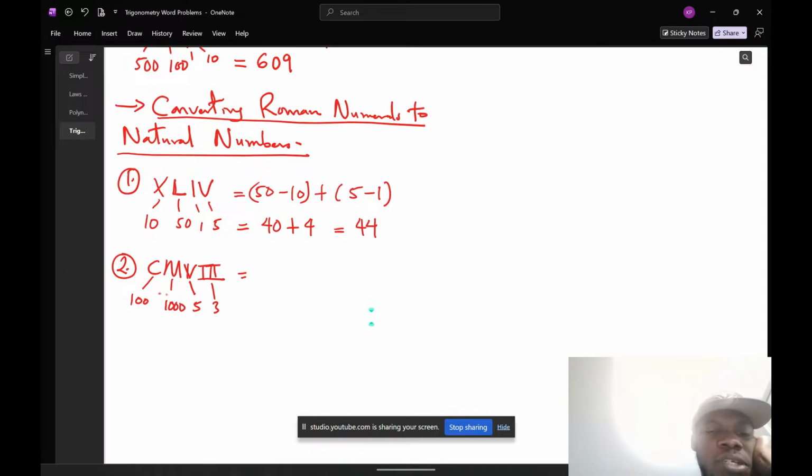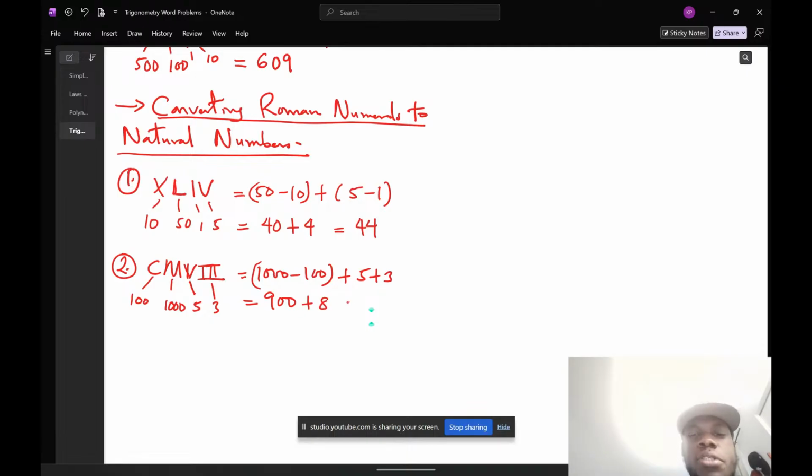In this case, since we have 100 written before 1000, we are going to subtract from each other, right? So that will be 1000 minus 100 plus 5 plus 2. 1000 minus 100 will give us 900. So that will be 900 plus 7, which is 907 in this case. So CMVII is 907.